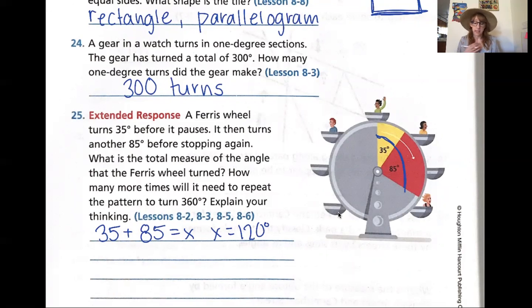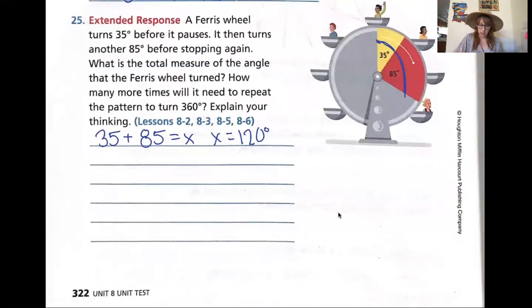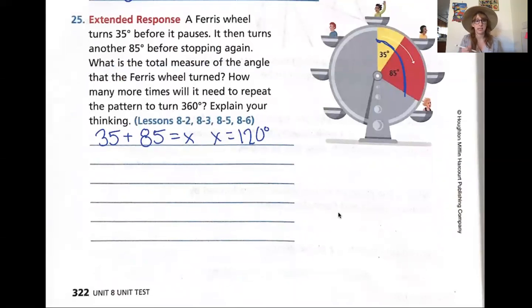Or the way that I would think of it is you're going to subtract 120 from 360 until you get 0. So you should come up with that it's going to make 3 total turns or 2 more turns to complete the 360 degree turn. And then you write your own explanation.